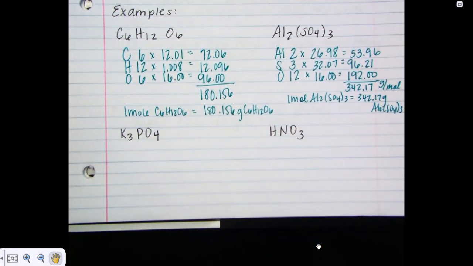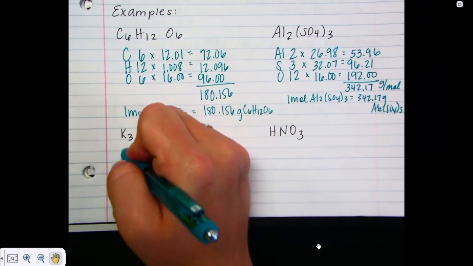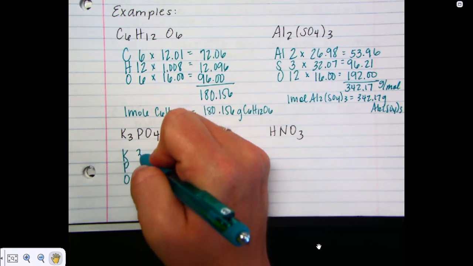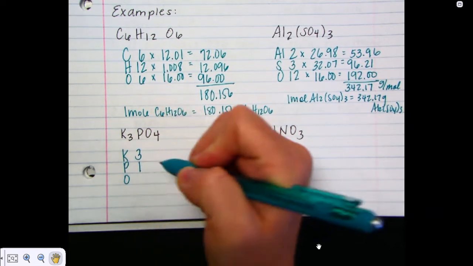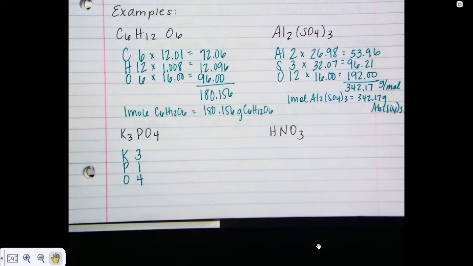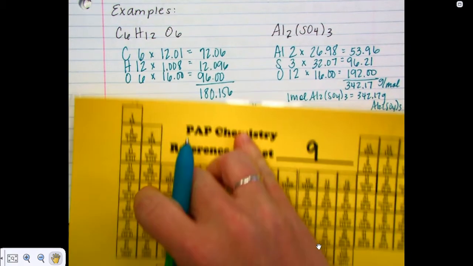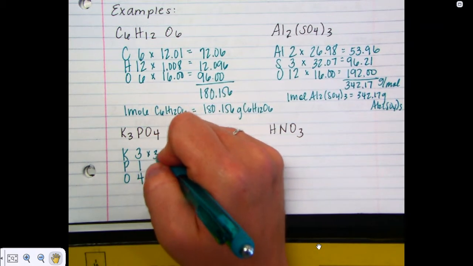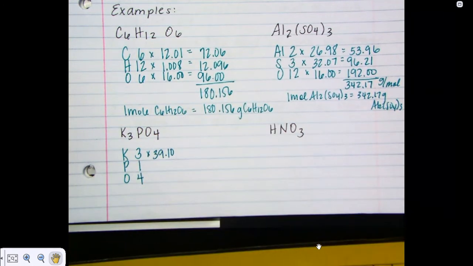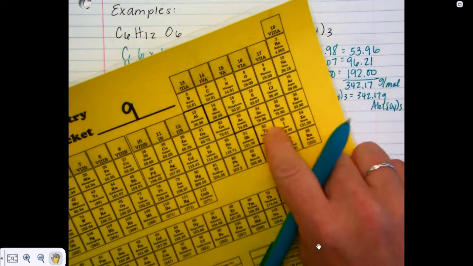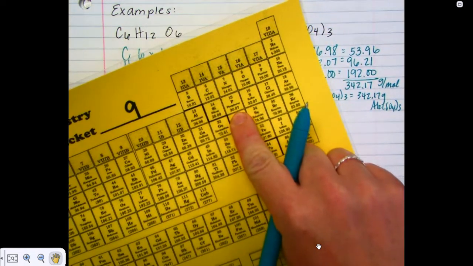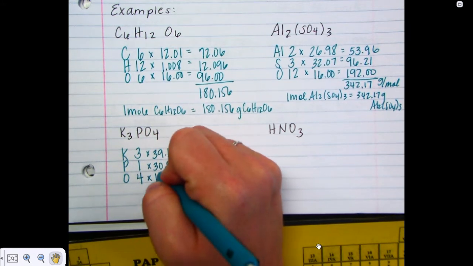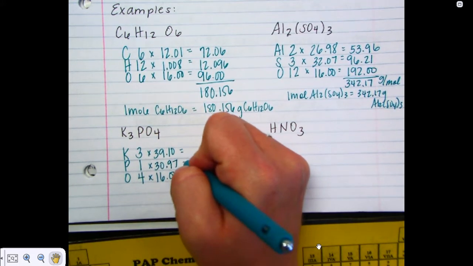All right, next one, potassium phosphate. So K, P, and O: 3 potassium, 1 phosphorus, 4 oxygen. For potassium, 39.10. For phosphorus, 30.97. And again, we know oxygen, right? 16.00.